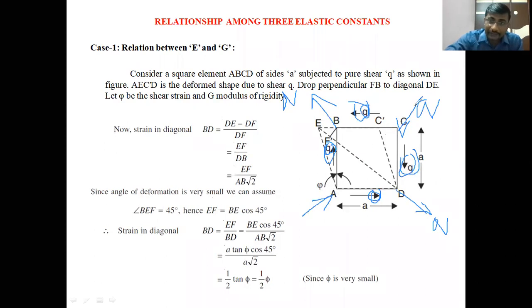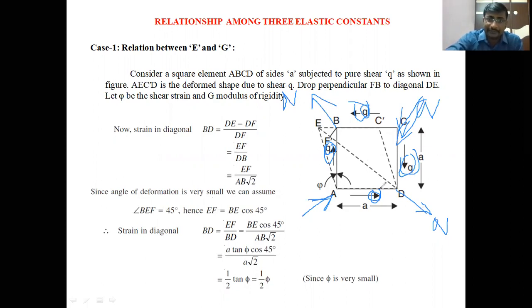in inward direction. So on the diagonal AC act the inward forces, that is the compressive forces, and on diagonal BD act the tensile forces. Due to force acting on the diagonal AC, diagonal AC is trying to compress. Due to compression on the diagonal AC, the BD diagonal will be extended.